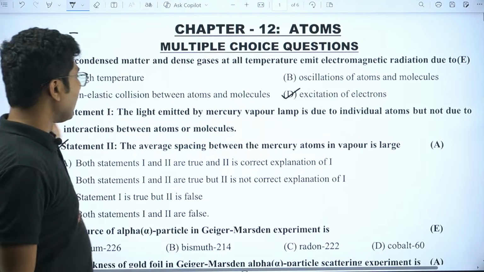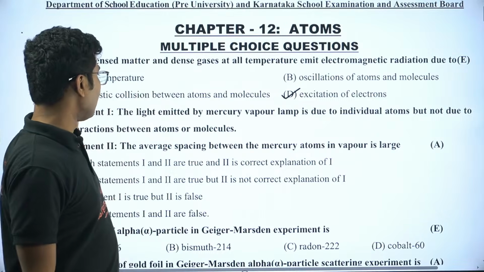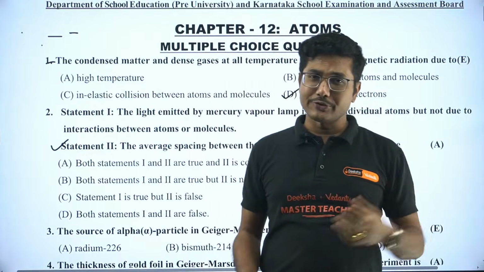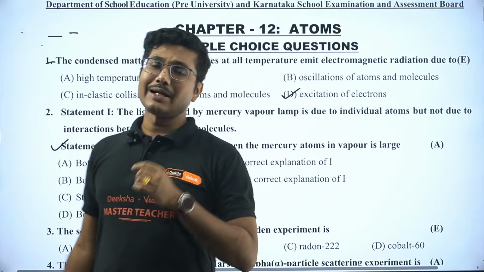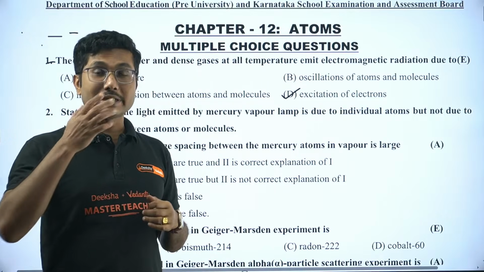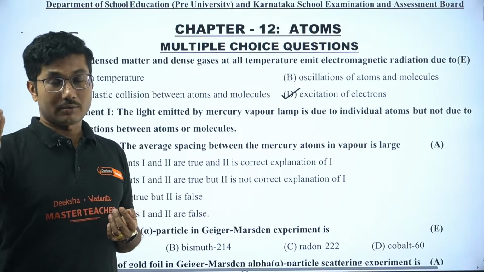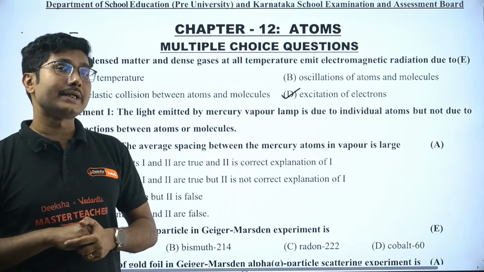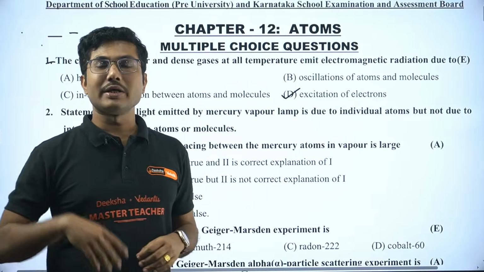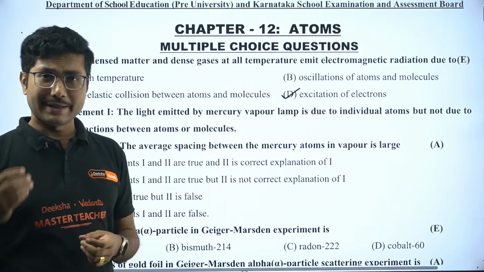And we know that when light is emitted by a mercury vapor lamp or halogen lamp, you excite individual atoms. When electrons come back to the ground state from a higher energy state, it gives the emission back to nature, and that's why the principle of halogen lamp as well as mercury vapor lamp is the same.